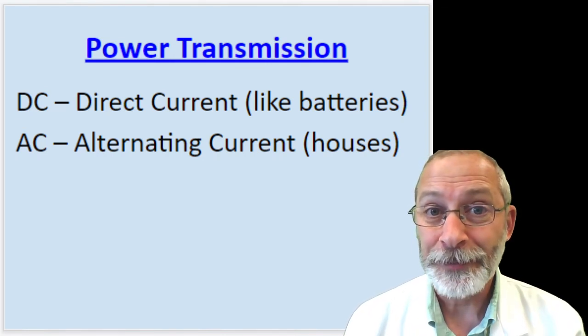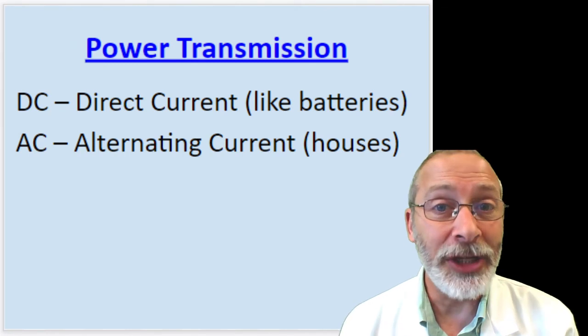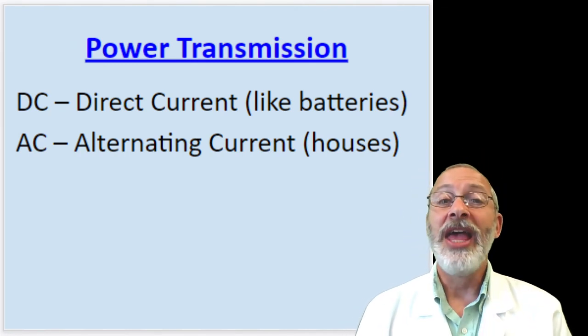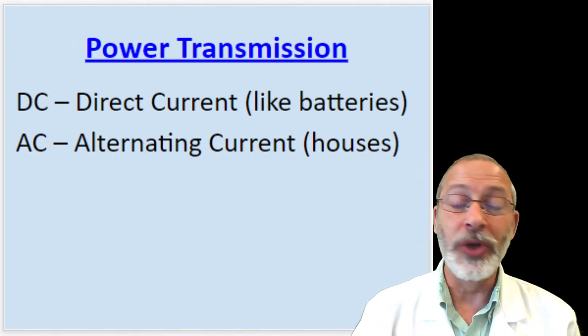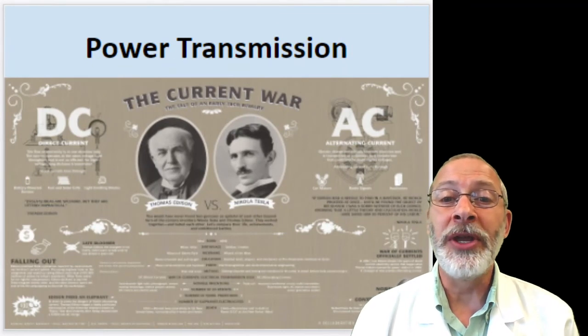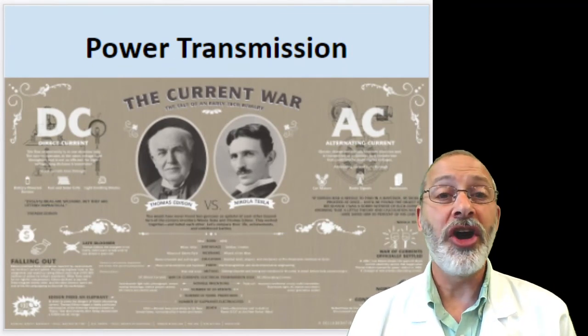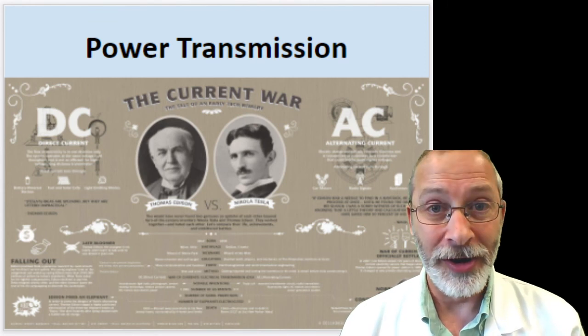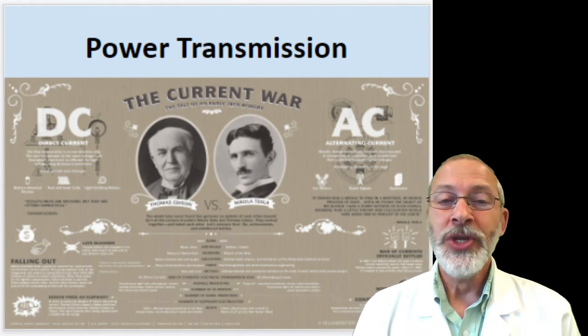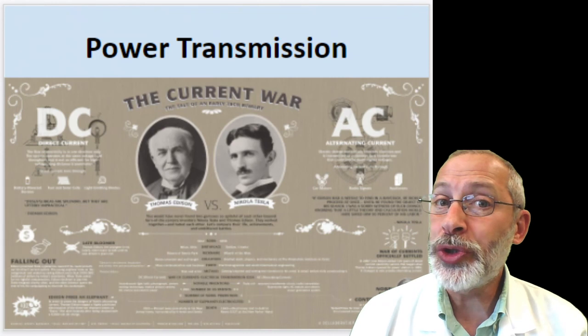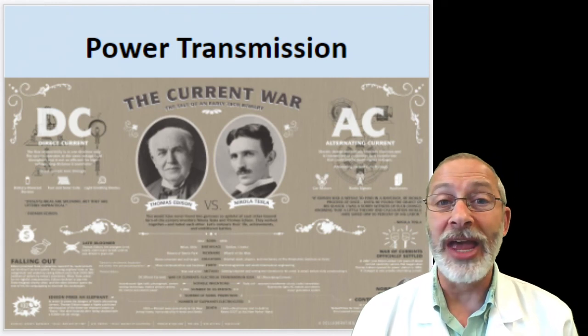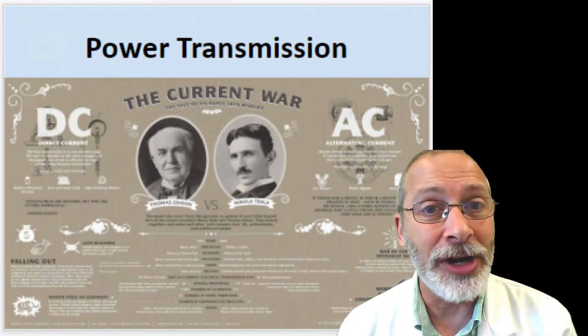I will let you watch the videos and be the judge yourself to determine who you think won the current war. So make sure you tune into these videos and watch them in their entirety.